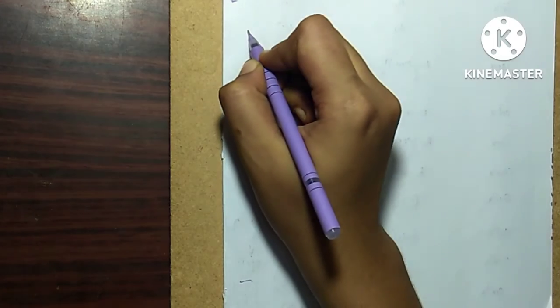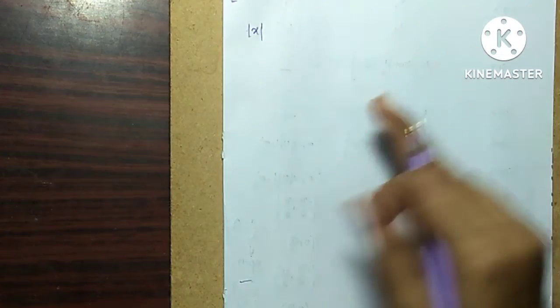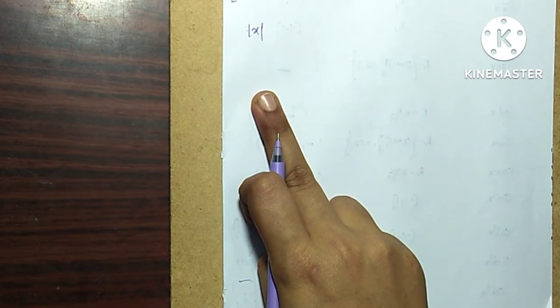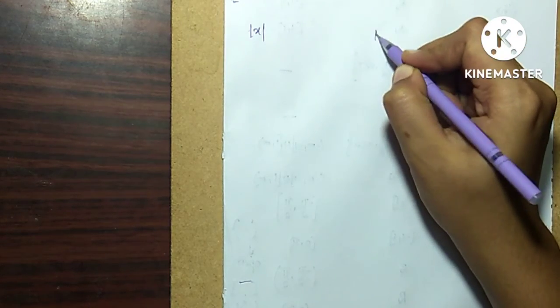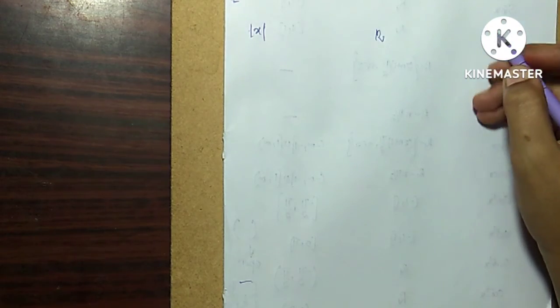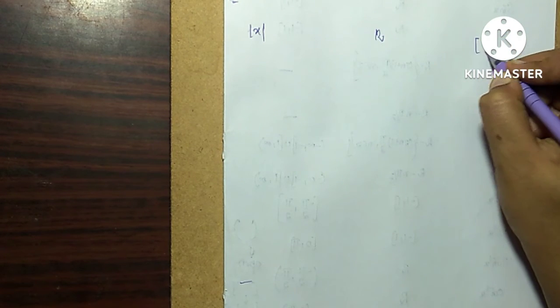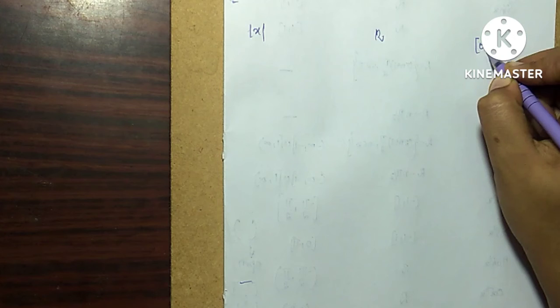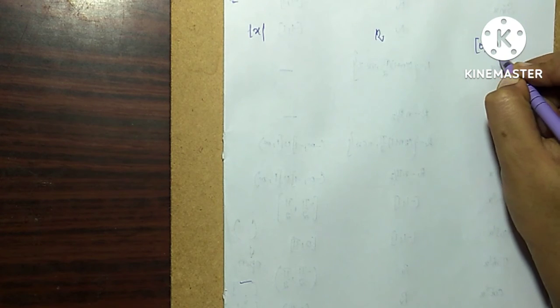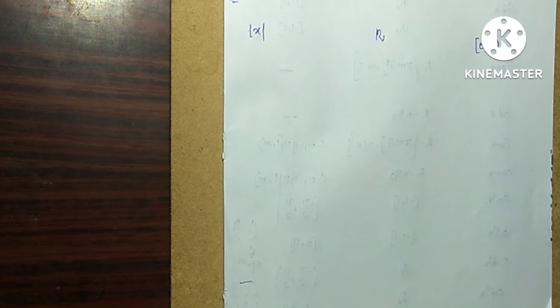Now we will see the modulus of x. The domain for modulus of x is the real numbers, and the range of mod x is closed bracket 0 comma infinity open bracket.